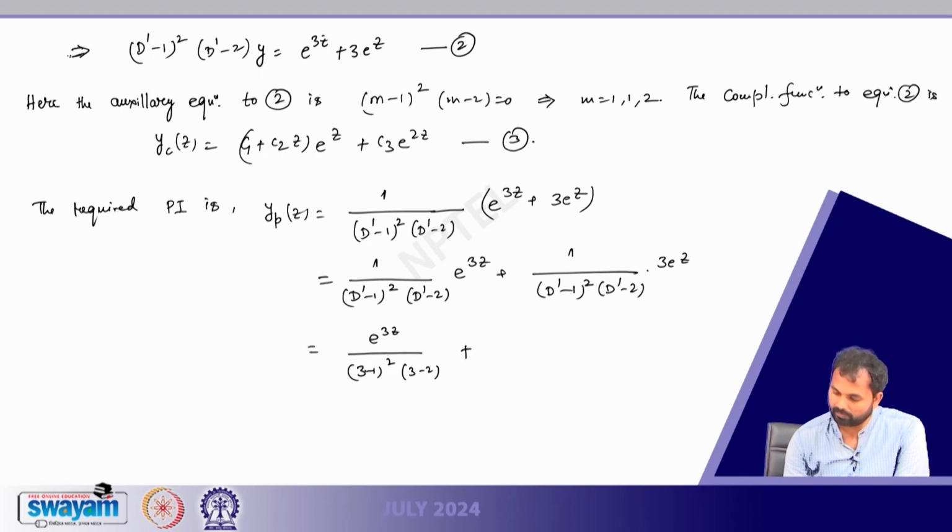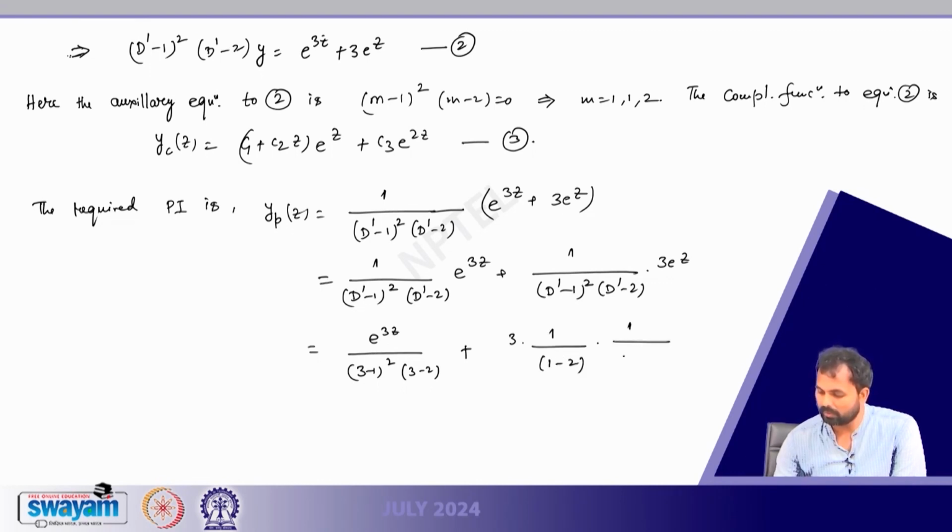So this is okay, and then this one will be 3 into 1 by 1 minus 2 into 1 by D dash minus 1 whole square into e to the power z. So from here I will get 1 by 4 e to the power 3z and then minus 3 e to the power z, 1 by D dash minus 1 whole square.